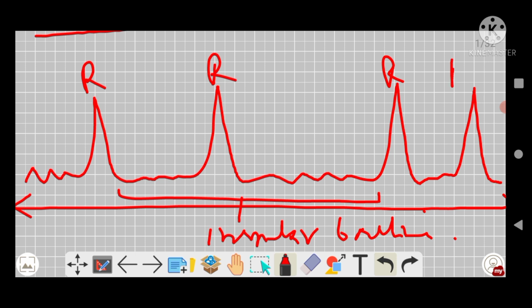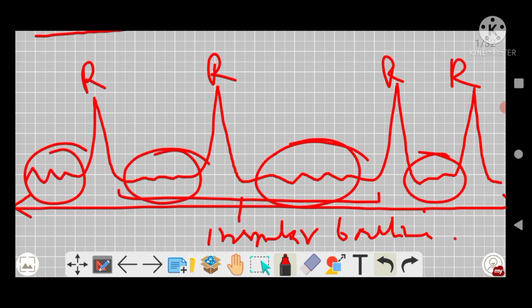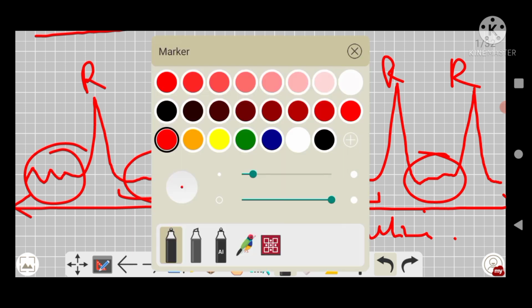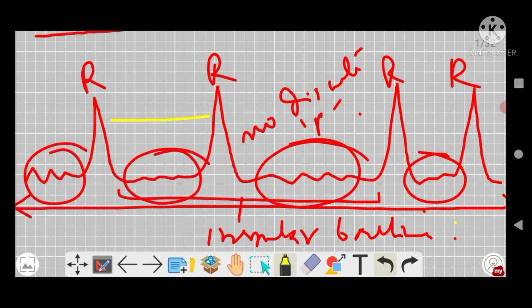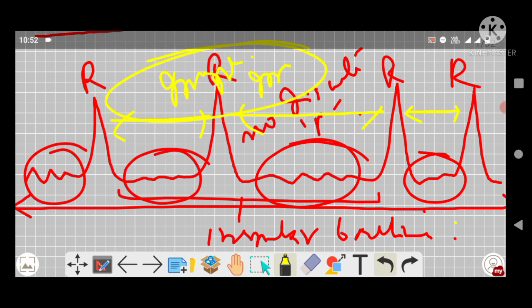These are your R waves, and there are no distinct P waves, no discrete P waves, and an irregular baseline. And see the RR gap. With the gap of the RR, we can say that it is irregularly irregular. All these are features of atrial fibrillation.